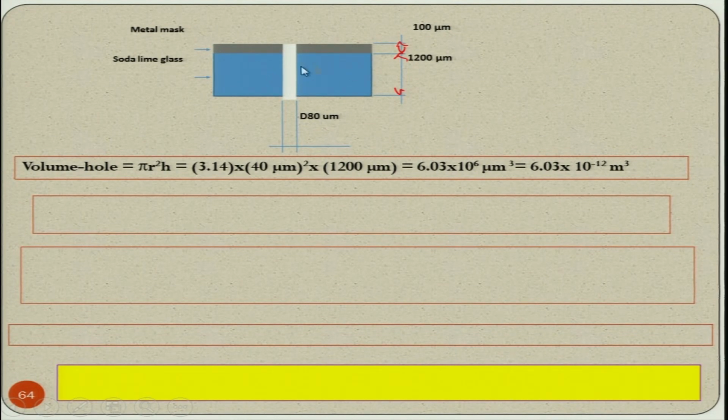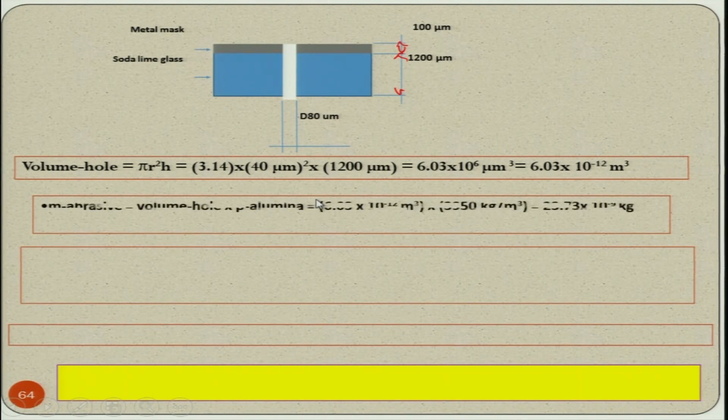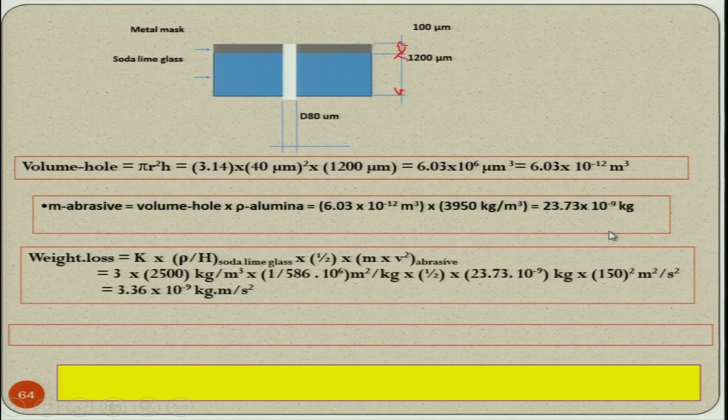So, this is the kind of structure you are going to fabricate with the help of abrasive jet micromachining. Now, the volume of the hole we have seen is 6.03 into 10 raised to power minus 12, which is pi r square h, r is the radius and h is the height, 1200 micrometer over here. And this is the mass of the abrasive particles, that is the volume of the hole into the density of alumina, that comes out to be 23.73 into 10 raised to power minus 9 kilogram.